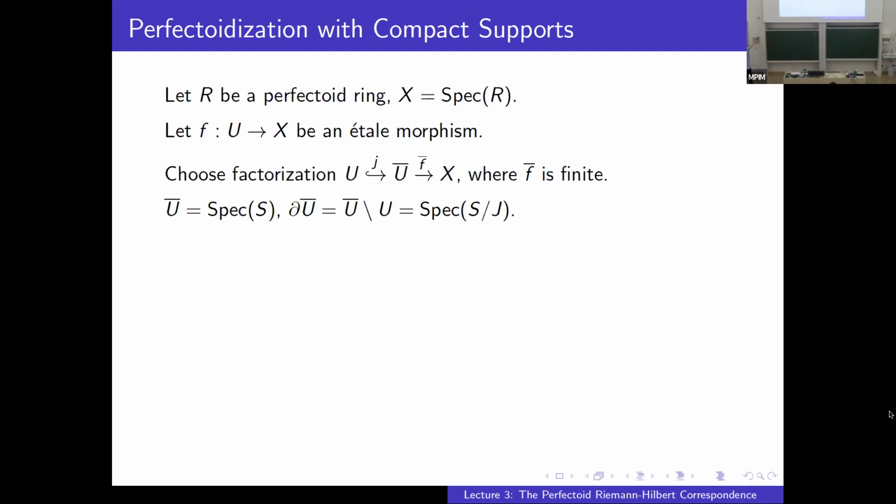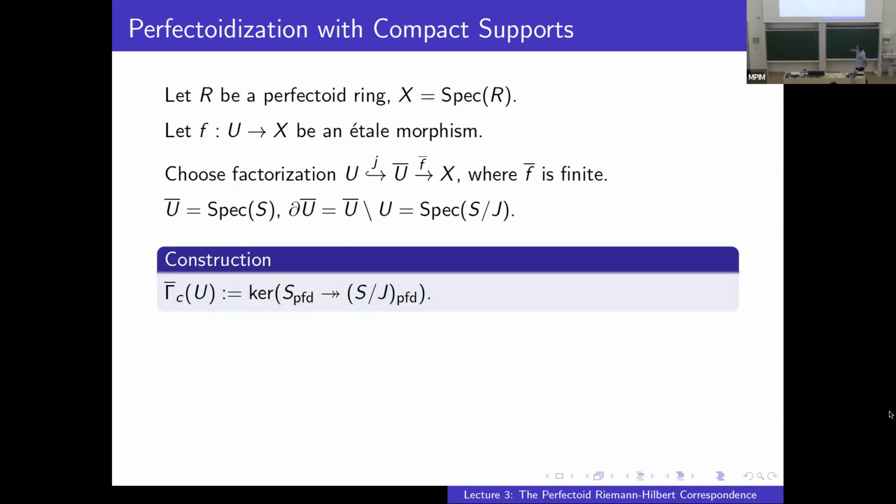And the boundary of U bar is cut out by some ideal that I'm again going to denote by J. And in this situation, both S and S mod J are the kind of algebras to which the preceding slide applies. They're finitely generated as R-modules, so they admit perfectoidizations.